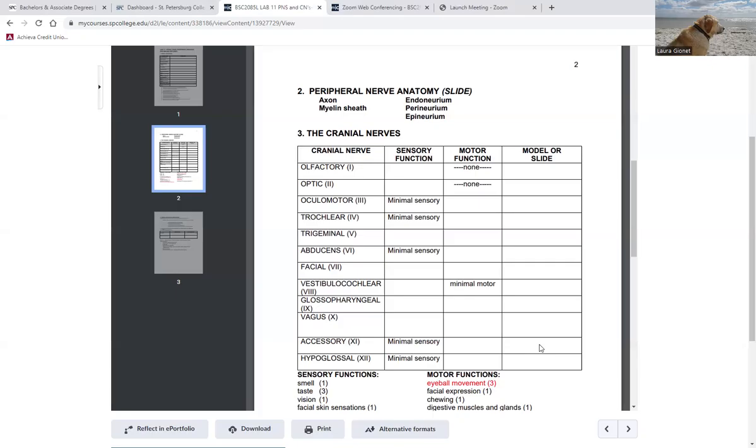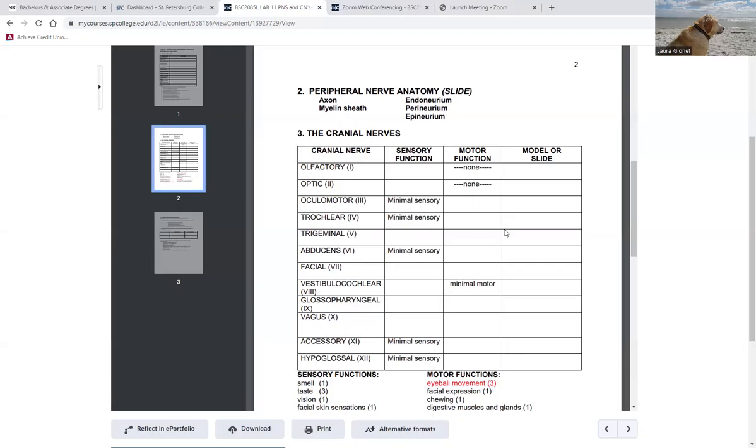Now we're combining. Last exam, we were just identifying those muscles, maybe an origin or an insertion or an action. Now we're going to look at those muscles like sternocleidomastoid and trapezius and say, what cranial nerve is associated with that muscle? It would be accessory nerve.